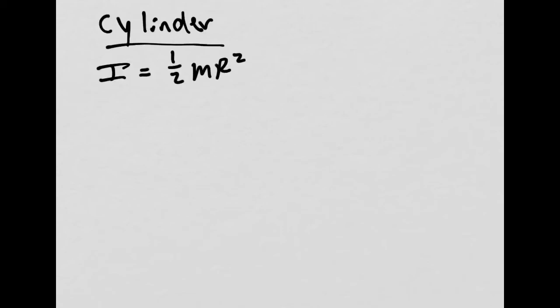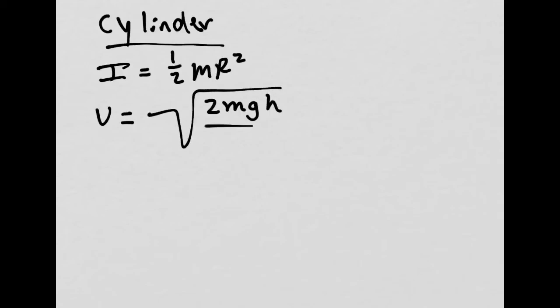So back to our velocity equation, square root of 2mgh over (1/2 mr squared over r squared plus m).